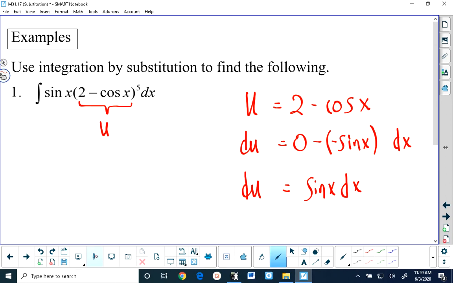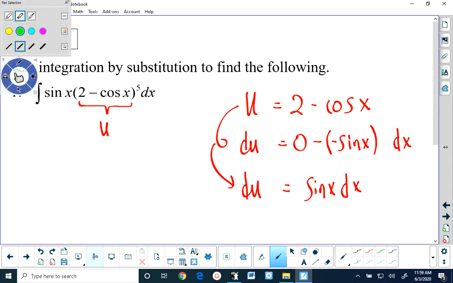And you certainly don't need to write the middle line. If u equals 2 minus cos x, then du equals sine x dx. But look at what we've just said. Du is sine x dx.